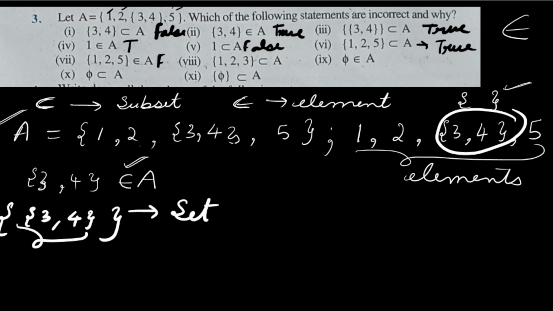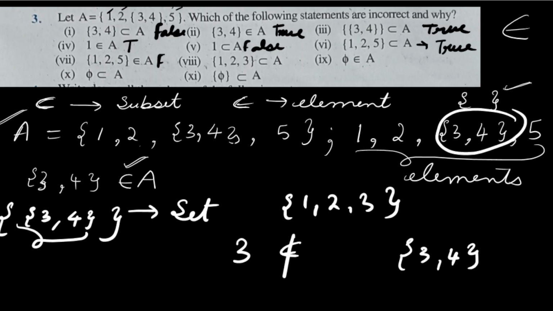{1, 2, 3}. See, 1, 2 and 3. This is not a subset because {3, 4} is together. {3, 4} is together and 3 as an element does not belong to A. So here we can see in set A, there we don't have any element 3.